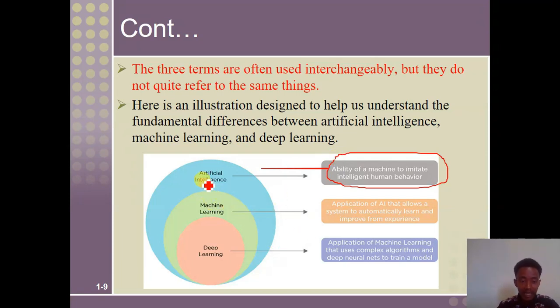So, but machine learning is a subclass of, or just it is an application of artificial intelligence.